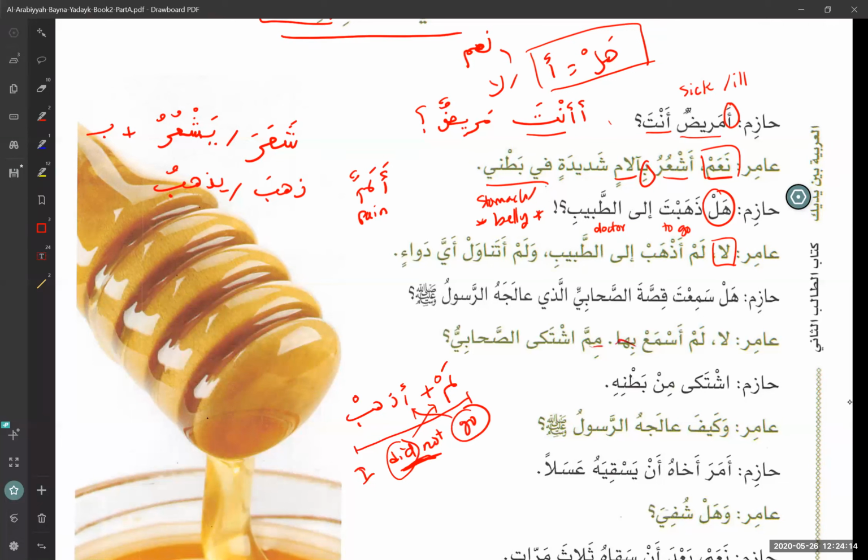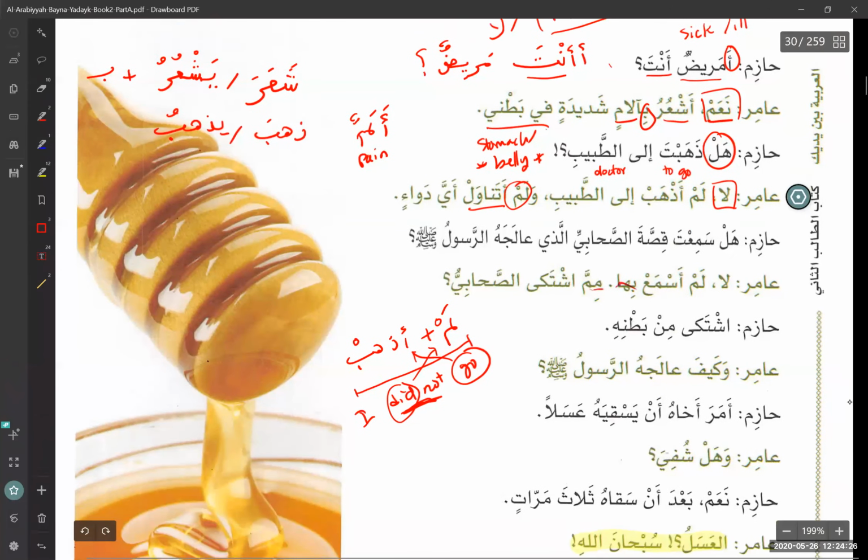So I didn't go to the doctor, and we have walam atanawal, same thing. We have the lam, so it's effectively saying didn't. Didn't what? Atanawal. So this is another verb. Tanawala, yatanawalu.